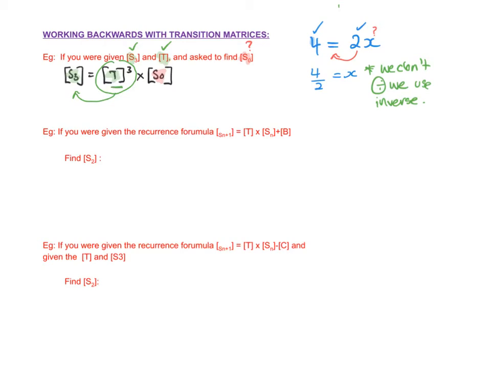So we'll put it in front of S3 when we move it over. So the way we're going to solve it is T to the power of -3, because that's how you divide. We use the negative powers times S3, and that will give me the answer.